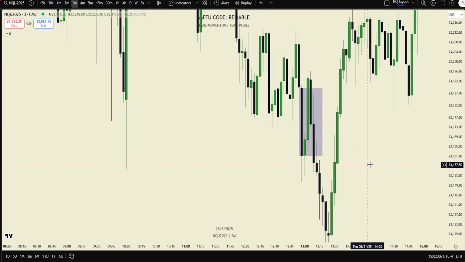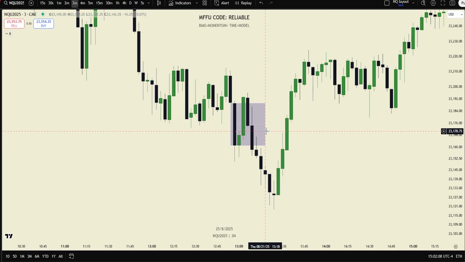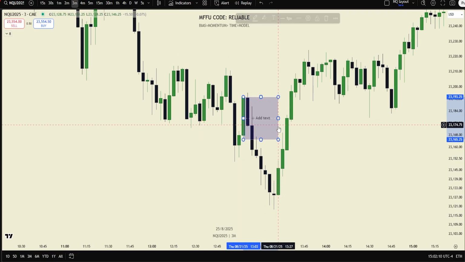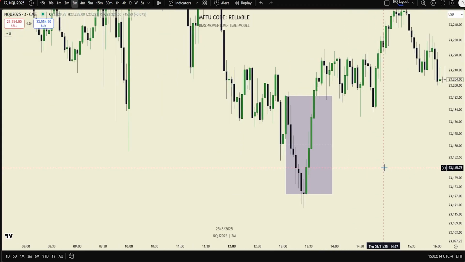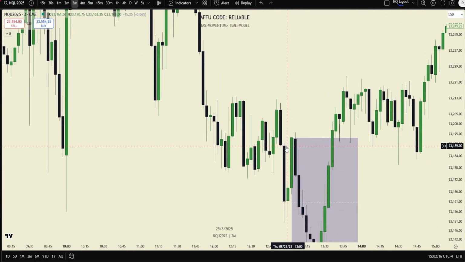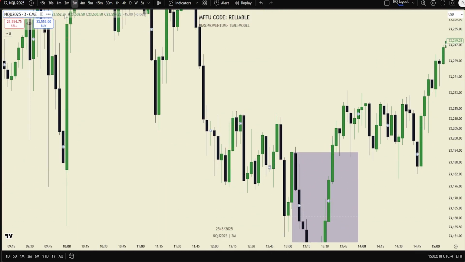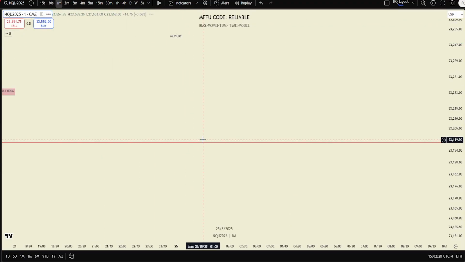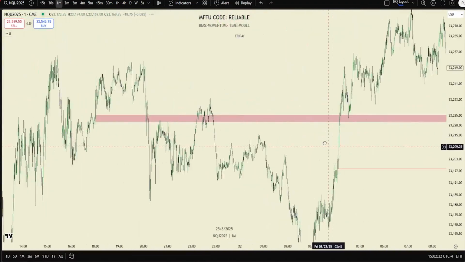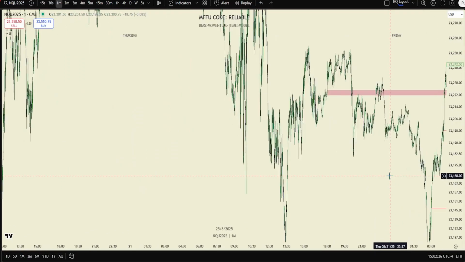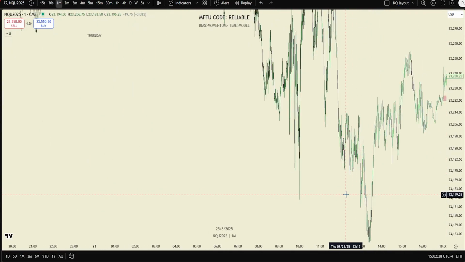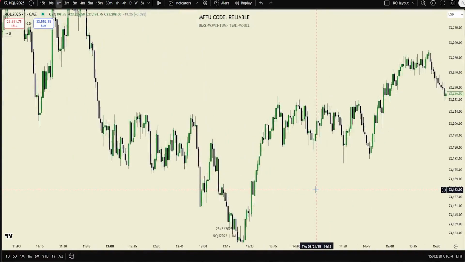So, kind of ignore that, in my opinion, because a CISD is just an inverse manipulation leg, and so if we don't close above the whole manipulation leg, then it's not an inverse manipulation leg. It's just an OB. If you wanna start taking OBs, that's fine, but they hold less importance than a manipulation leg.